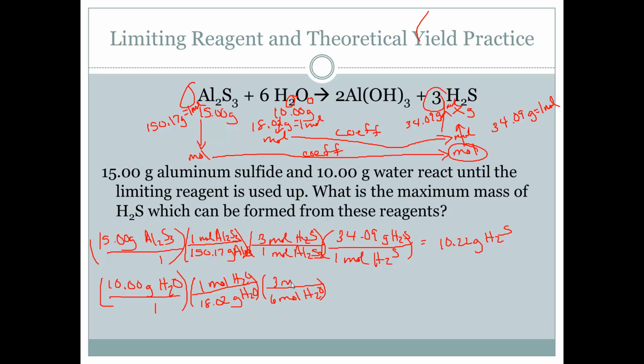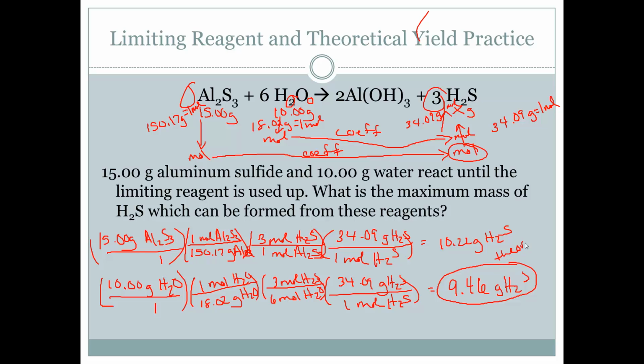And then finally, for every 1 mole of H2S we have, it's going to weigh 34.09 grams. That's going to come out to be 9.46 grams. This is the smaller amount, so that's going to be your theoretical yield. And this is going to come from H2O, which is our limiting reagent.